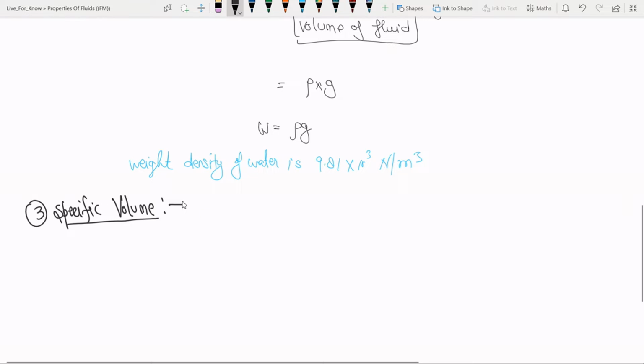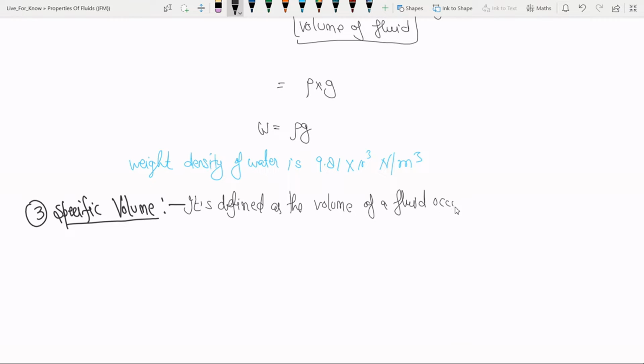So we can define it as the volume of a fluid occupied by a unit mass. Simple.